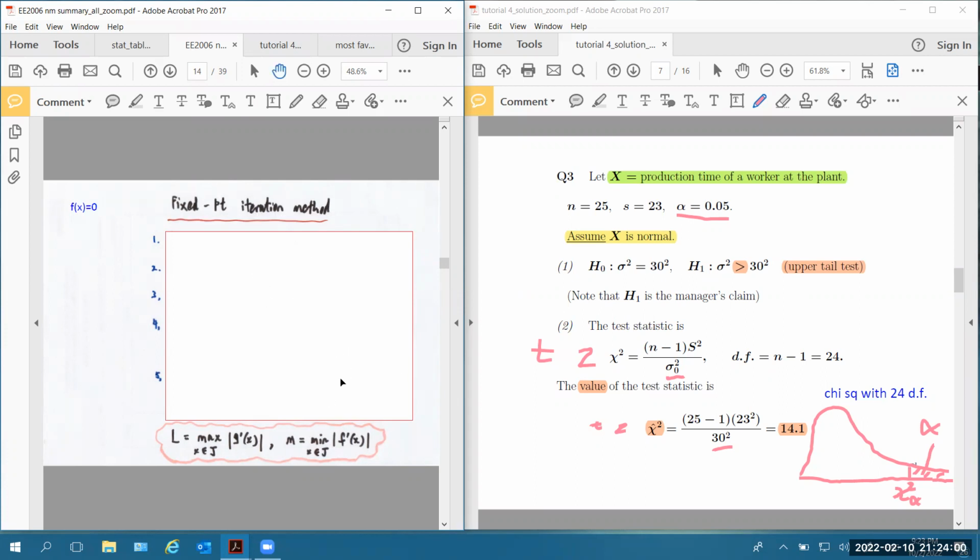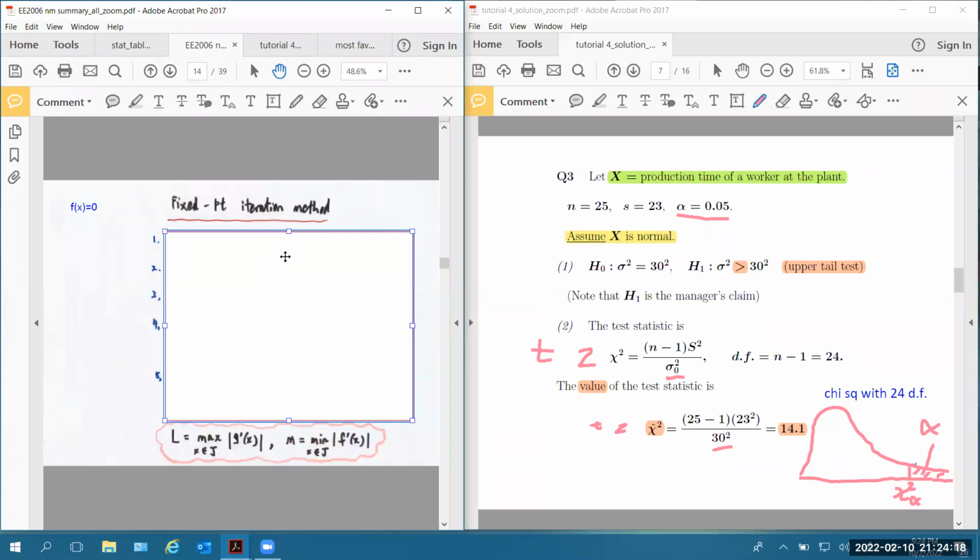This page is from our summary, the file EE2006 NM summary all. It's also in our lecture notes, so it's nothing new.